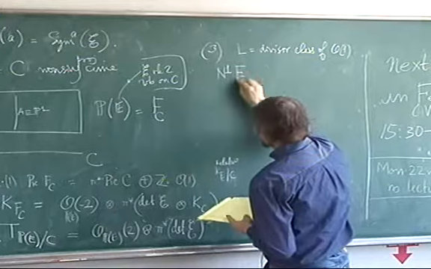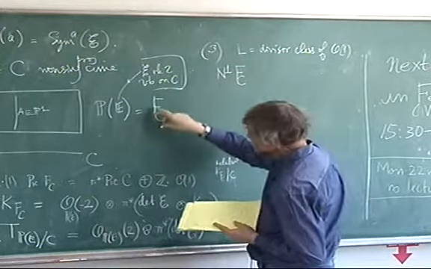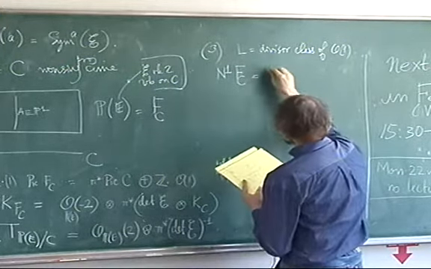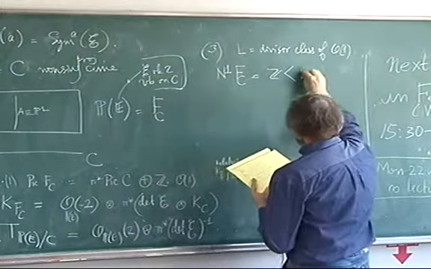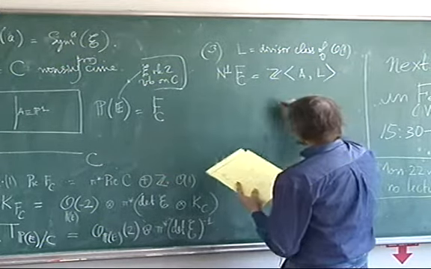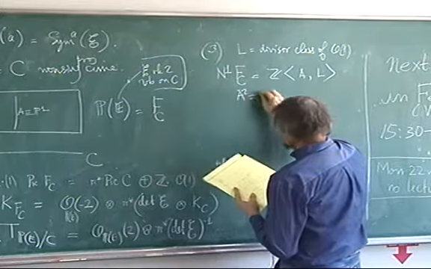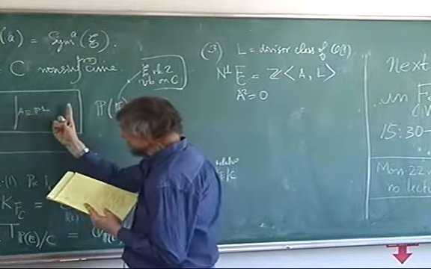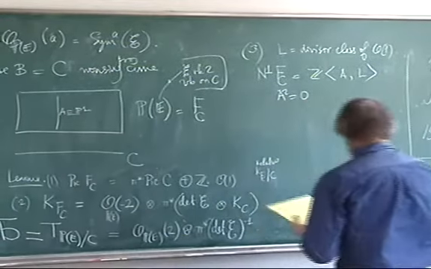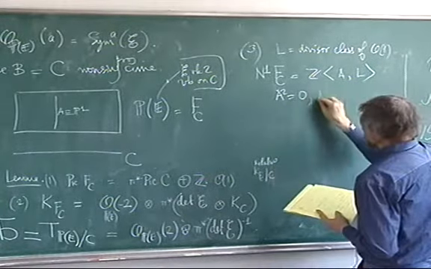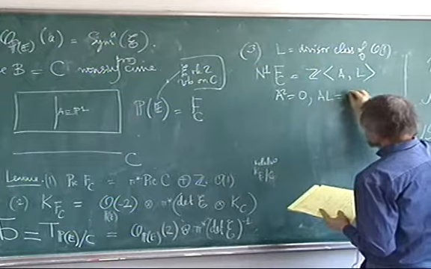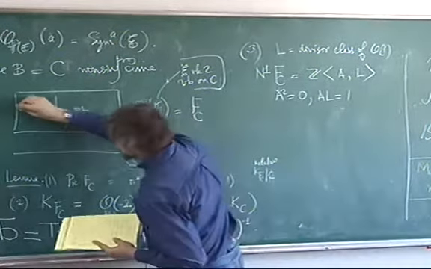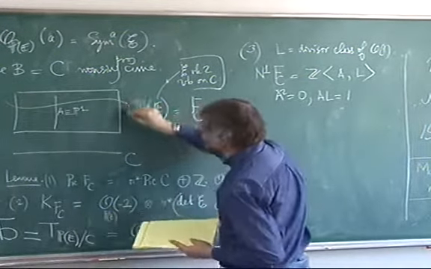Then N1 of F_C, of this surface, is Z of A and L, with A squared equals 0. A is the fibre, so one fibre there meets another fibre there in no points at all. A times L equals 1, so L is O(1) on each fibre.